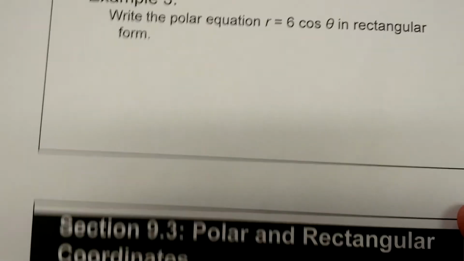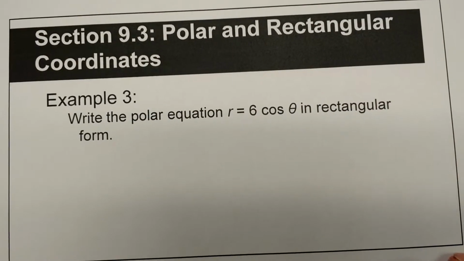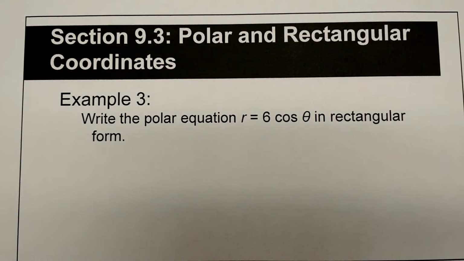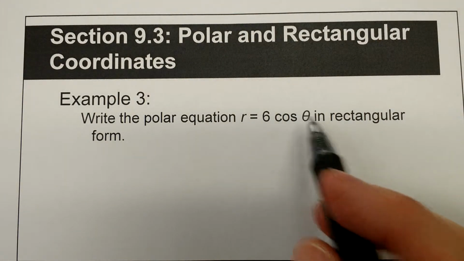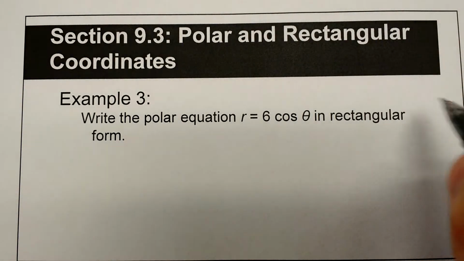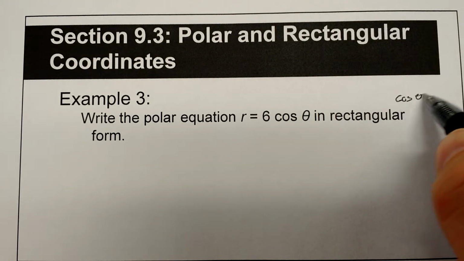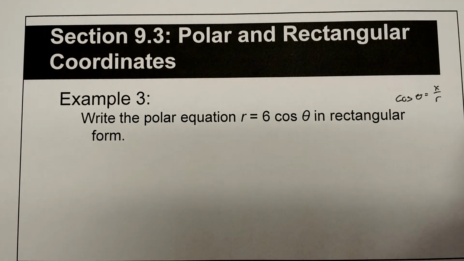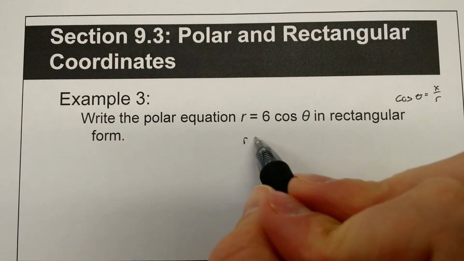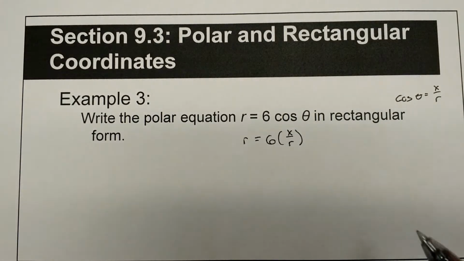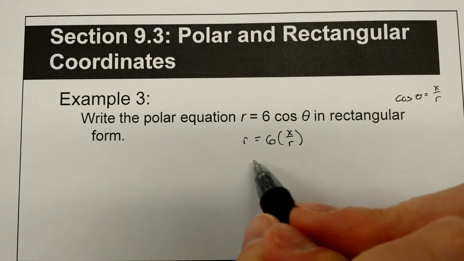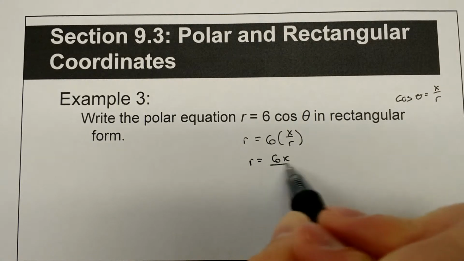Okay. You can also convert equations from one form to another. In this case we have r equals 6 cos theta. So I need to get rid of this cosine theta. I'm going to use that rule I had before, which gave me cosine of theta was x over r, and replace that here. So r is equal to 6 times x over r. This is the same thing as r equals 6x over r.